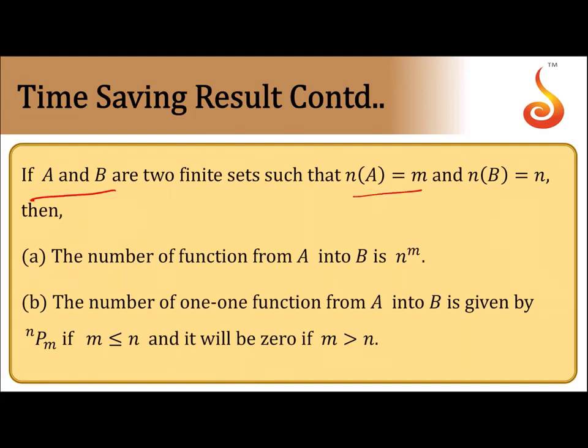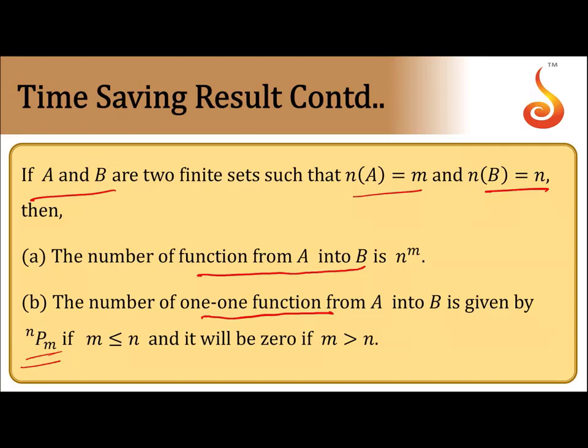Coming to some of the other aspects. If A and B are two finite sets such that n of A is equal to m and n of B is equal to n, then they follow these conditions. The number of functions from set A to set B is n to the power of m. The number of injections from A into B is given by nPm.